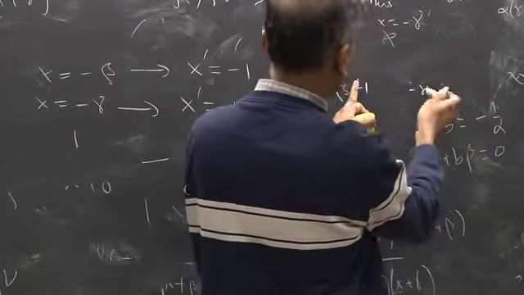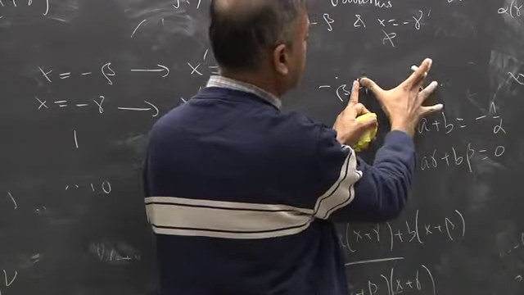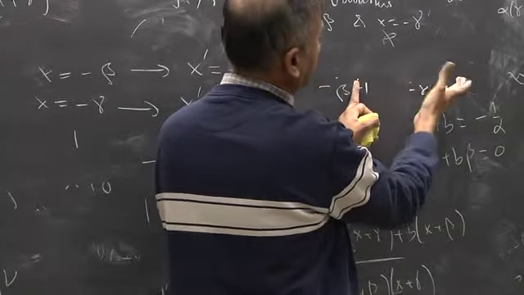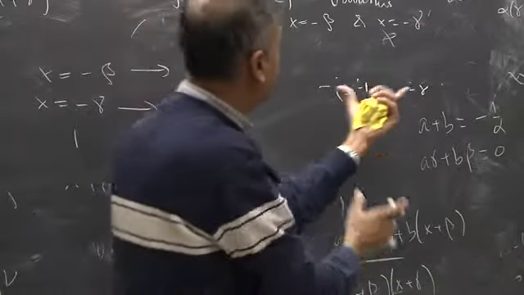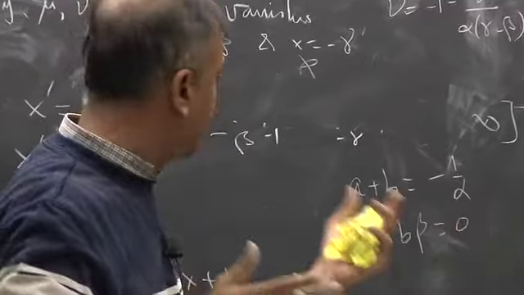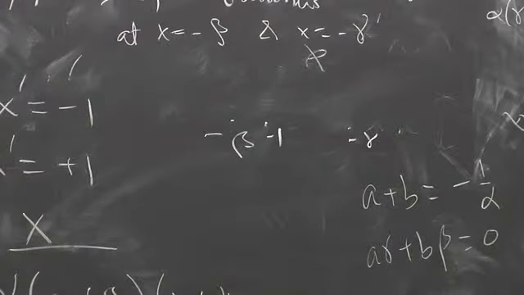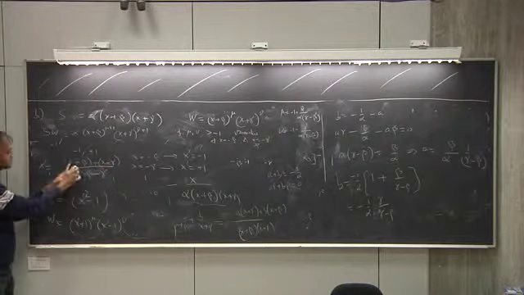But that's not enough. I want to also make this minus gamma to plus 1. You understand what I'm saying. It's always possible to make the interval by scaling also. I'm also allowed to scale. So this is a precise linear transformation, because there is x times a constant plus a constant.